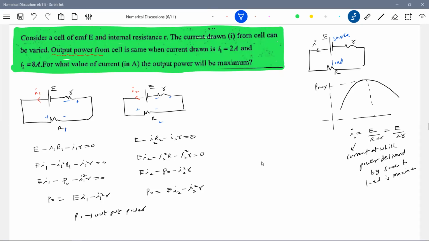For what value of current will the power output be the same? Okay, how to proceed further now? Somehow we are able to justify ourselves with some answers like this.